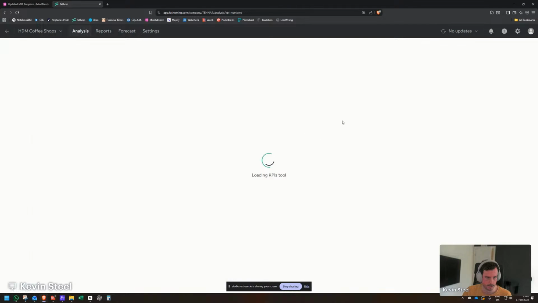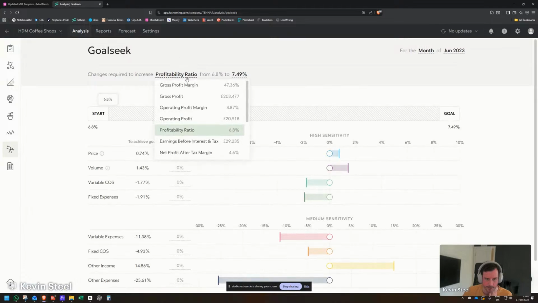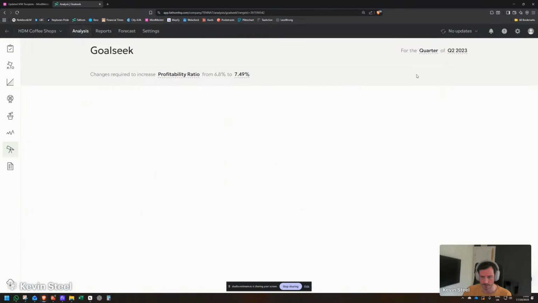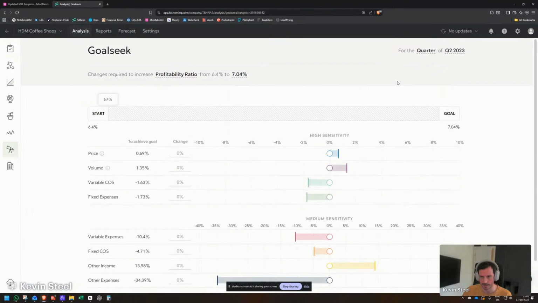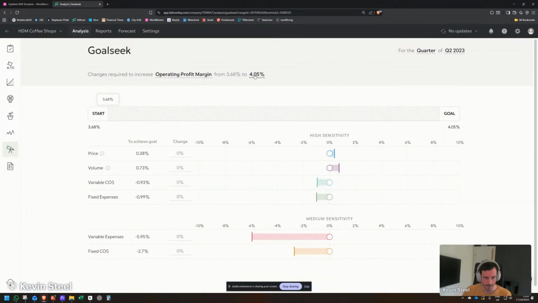There are also some other cool tools. If we go into here, goal seek's quite nice. Let's say we were looking at the performance of this business for the quarter, in this demo Q2 2023, and we were looking to increase the operating profit margin from 3.68 to 5%.